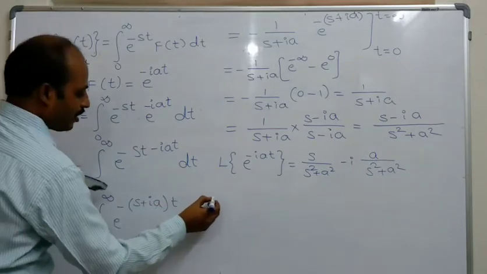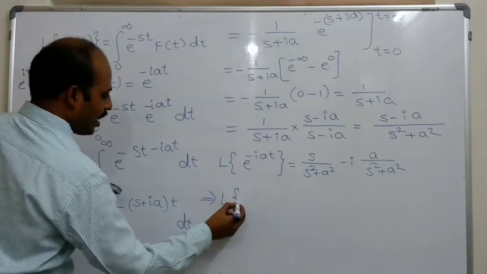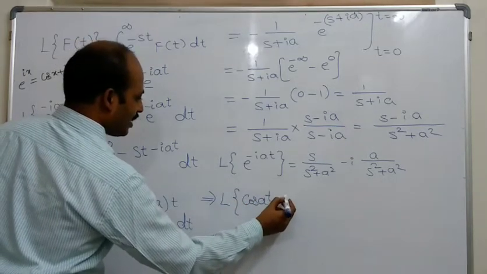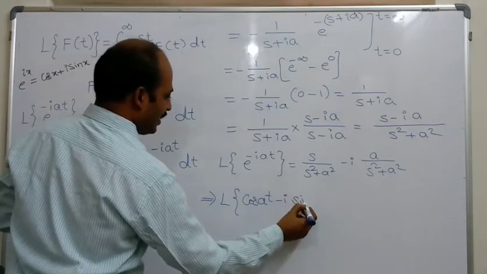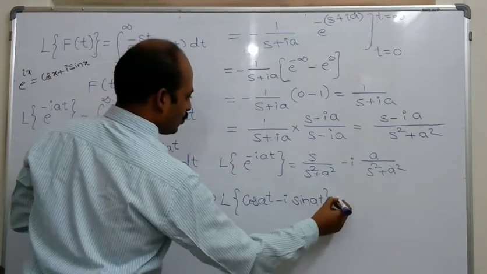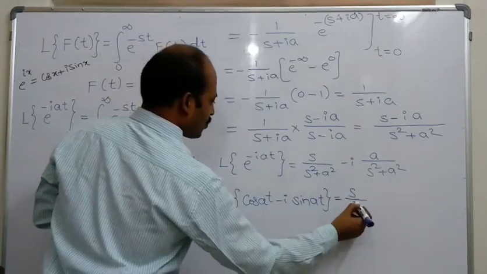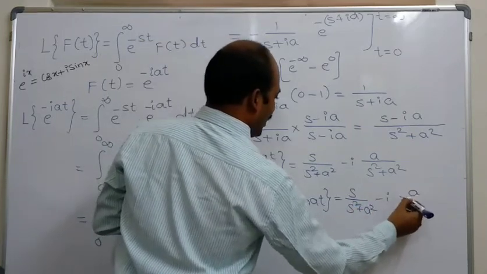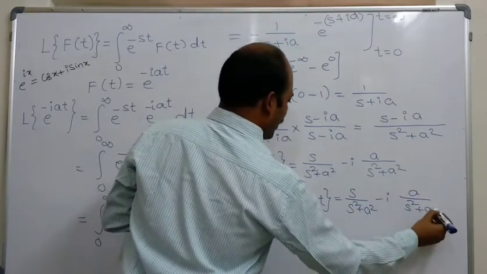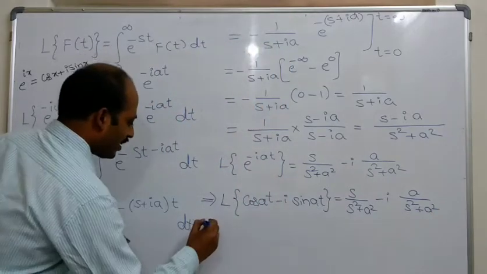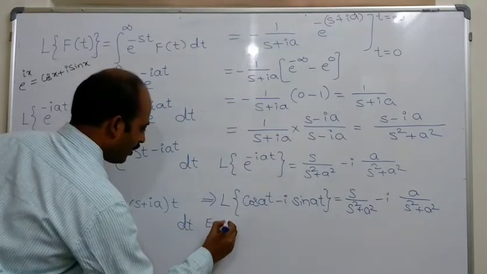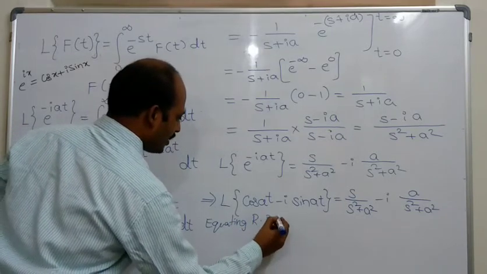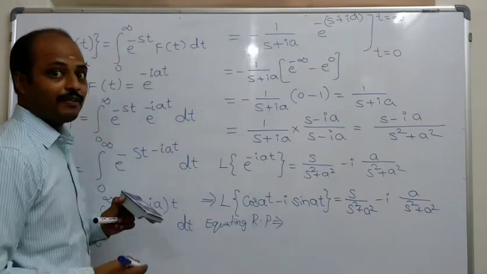By using that formula, LHS can be written as Laplace transform of cos at minus i into sin at, which is equals to s by s square plus a square minus i into a by s square plus a square. Equating the real parts on both sides. Real parts means independent of i.